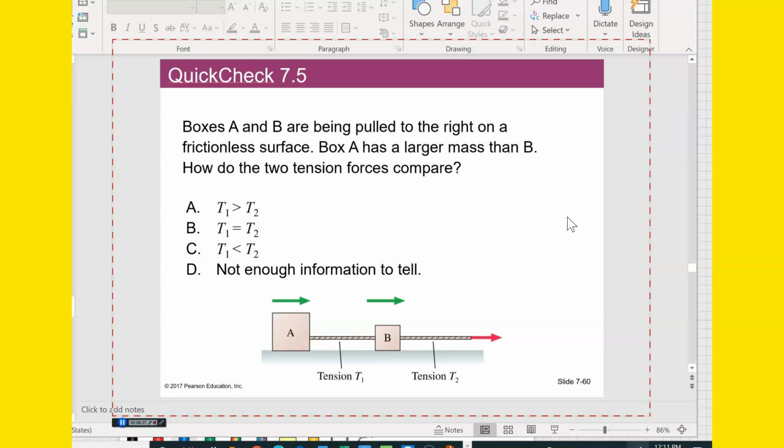This T1 is only pulling box A, which has a bigger mass than box B. This T2, though, is not only pulling box B, it's also pulling box B and that other string and box A. It's pulling this whole system, and that whole system has a bigger mass than just box A because it includes the mass of box A plus some other stuff. So tension 2 is actually having to do more than tension 1 is doing. So for that reason, T2 is going to be greater than T1.